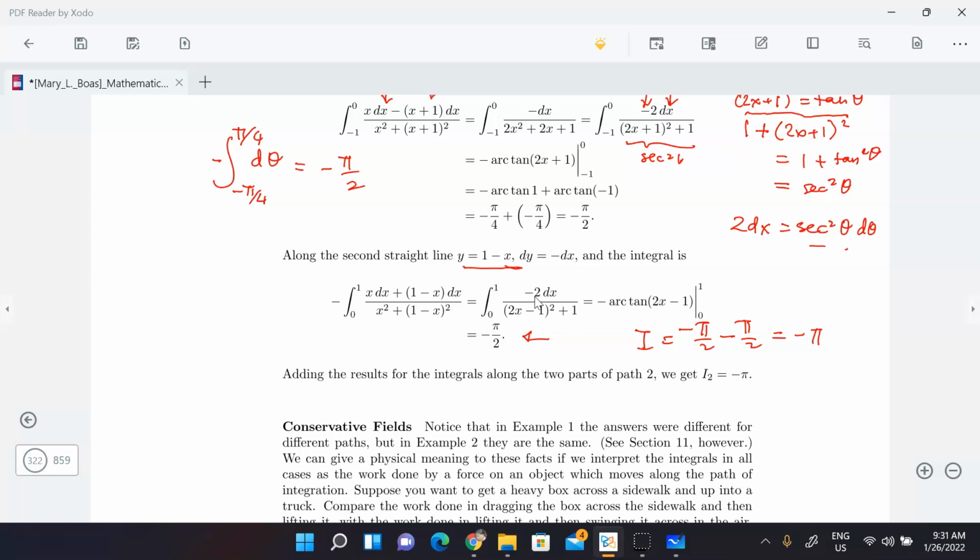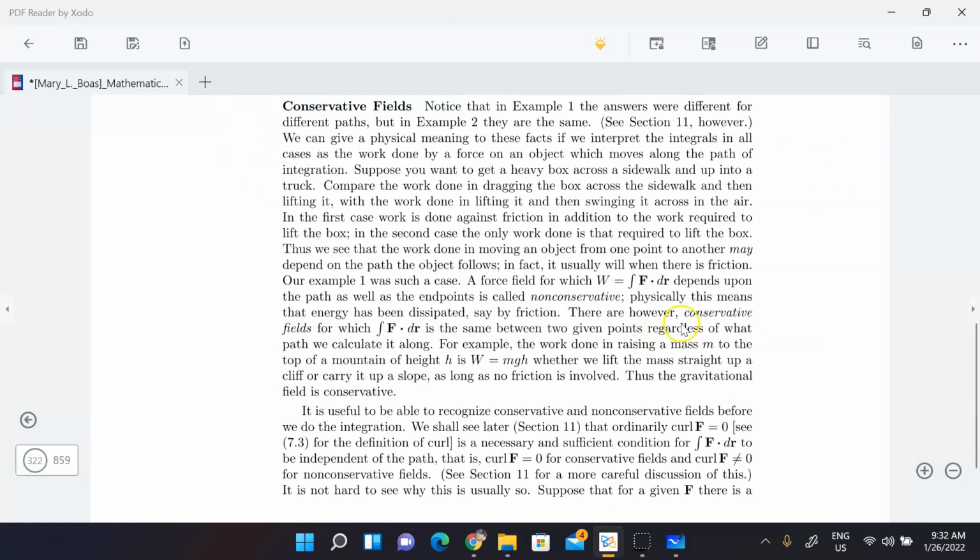So now the question arises: when does the line integral give you different answers for different paths? When does the line integral give you the same answer for different paths? Remember, our problem lies in the integration of your f here. So whether this is going to be dependent on the path depends on the nature of f.